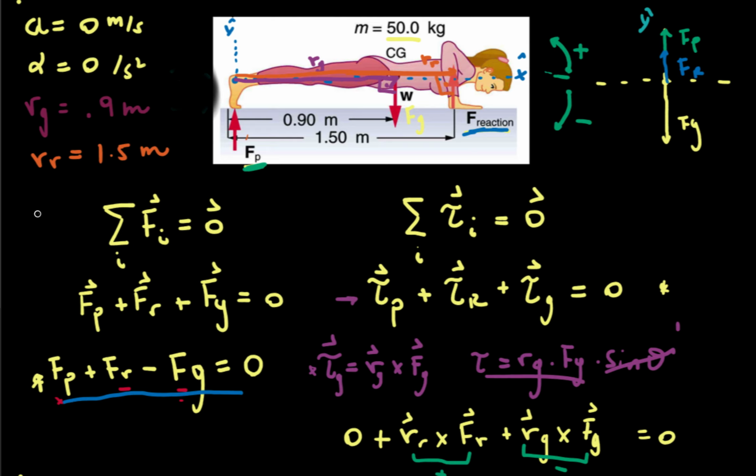All of you have experience with this: you will write the sum of all forces equal to 0, do the free body diagram, get to this point, and you're not going to be able to solve the problem.